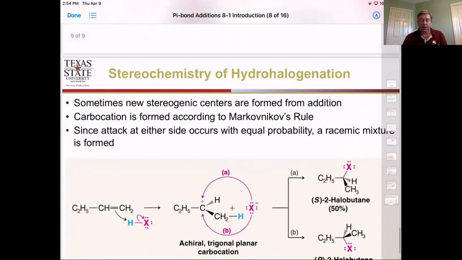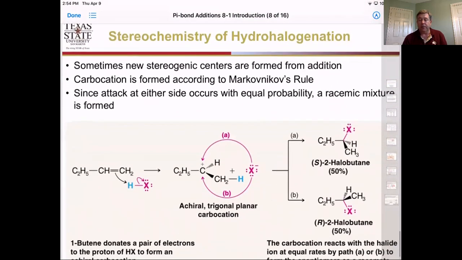Okay, so there's also some stereochemistry associated with this hydrohalogenation. Occasionally, you can form this by having a multi-substituted alkene, and because you get a mixture of syn addition and anti addition, that means we're going to end up with a racemic mixture, okay?